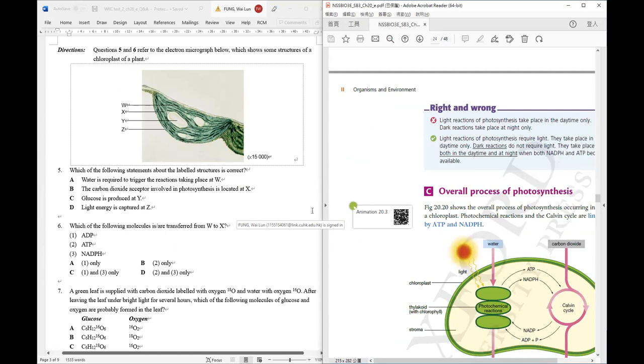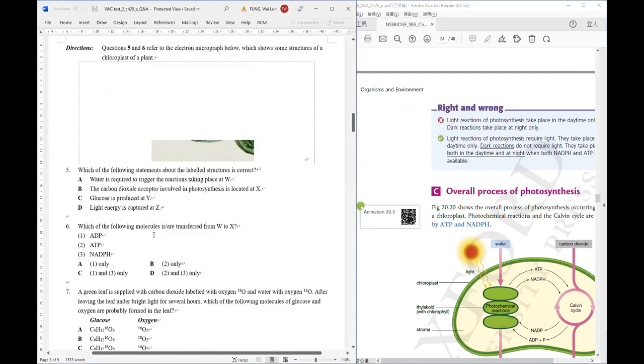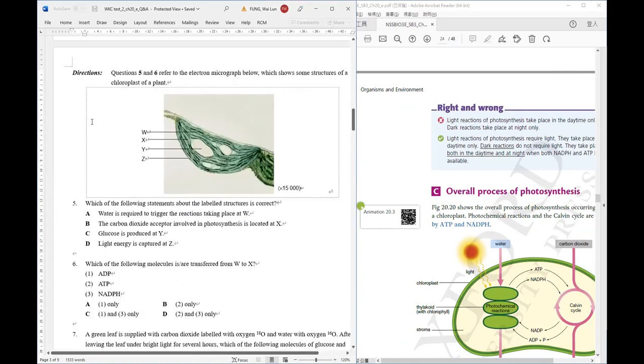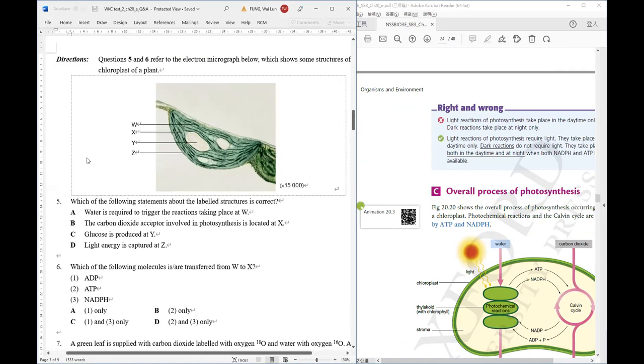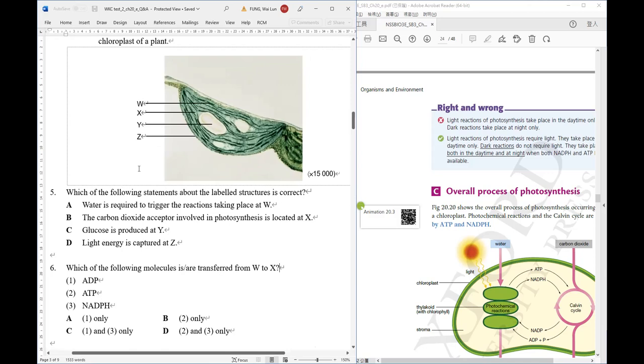And this question 5. Question 5, first of all, you have to recognize W, X, Y, Z. Recognize the structure first.